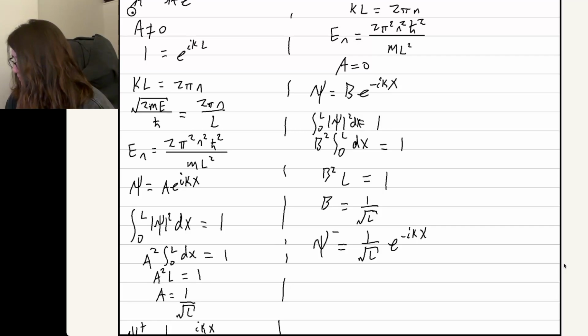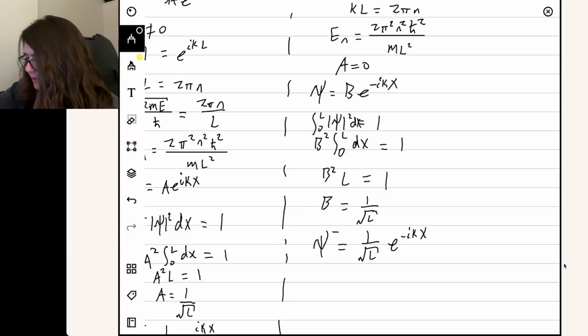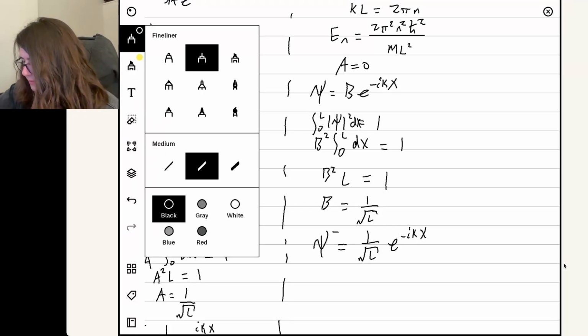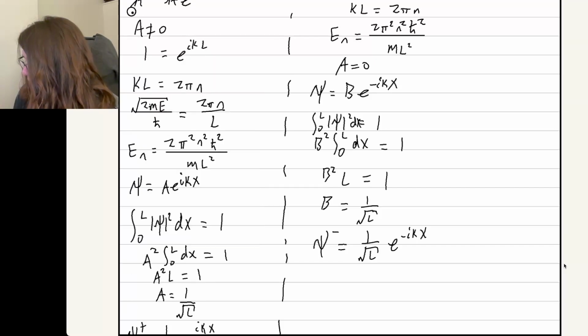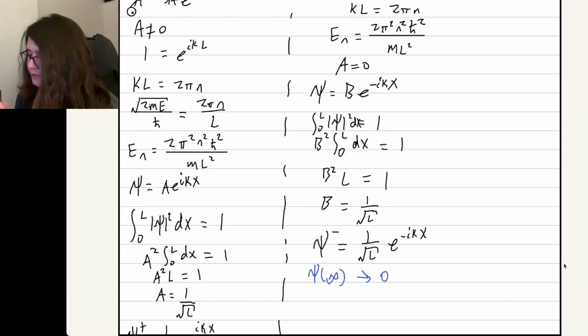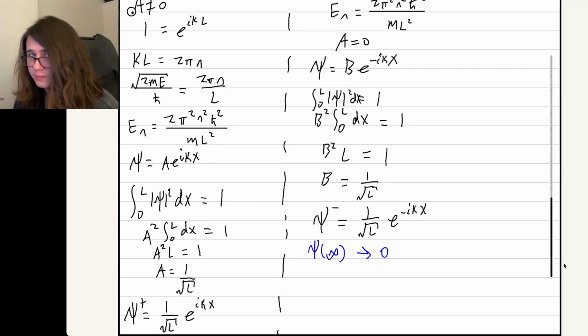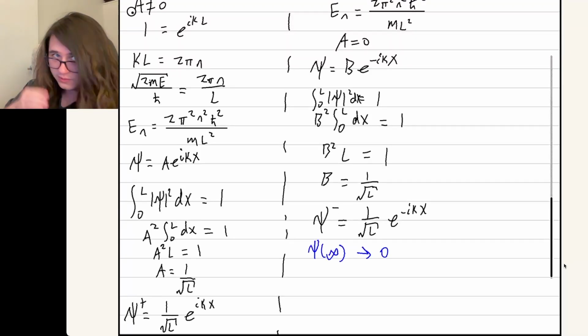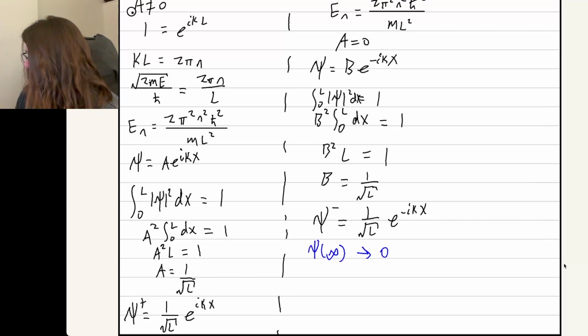But the difference was, back then, we used the fact that psi of infinity has to go to 0 for normalizable wave functions in one dimension. That's not the case for this one, right? Because it's just going around the circle infinitely.